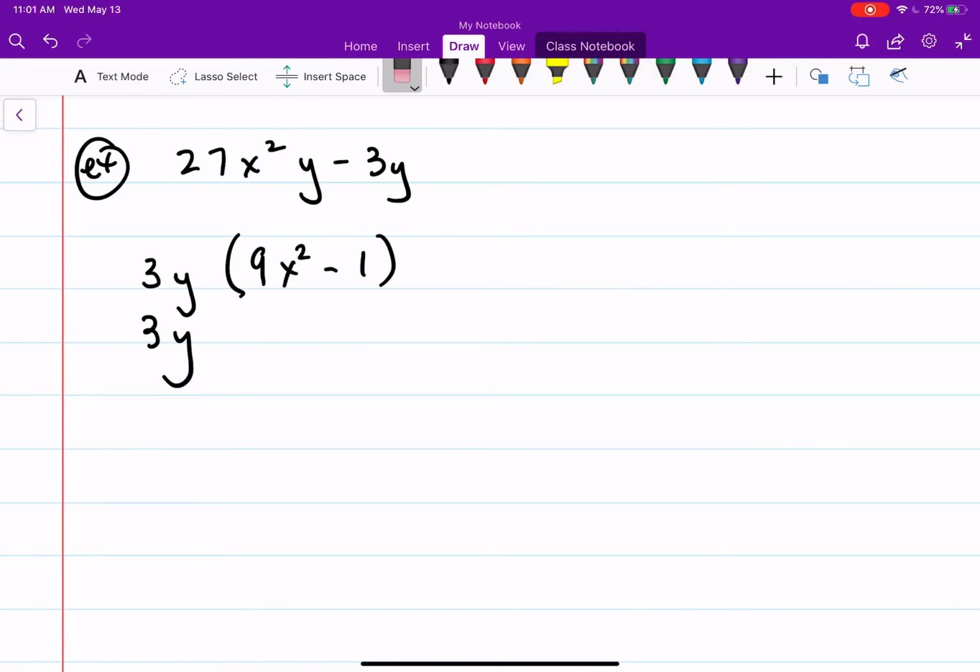Oops, before I do that. 9 is 3 times 3. X squared is x times x. And 1 is 1 times 1.